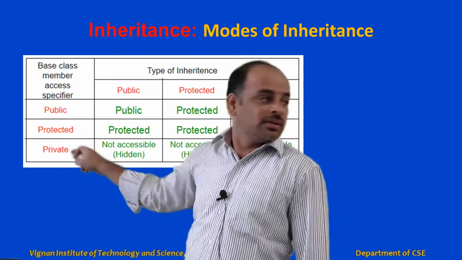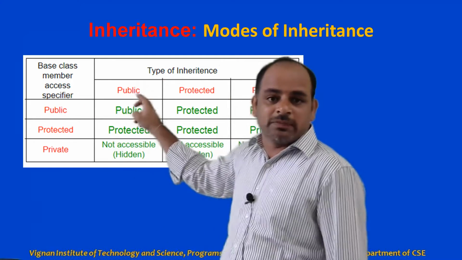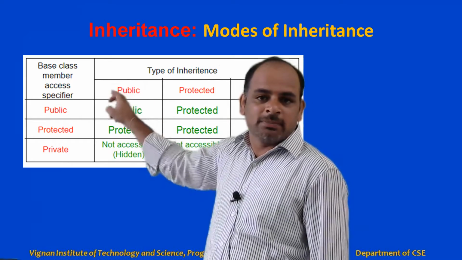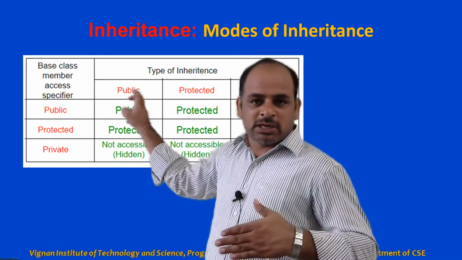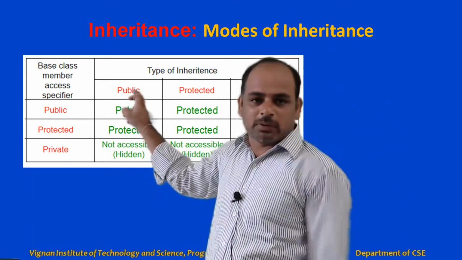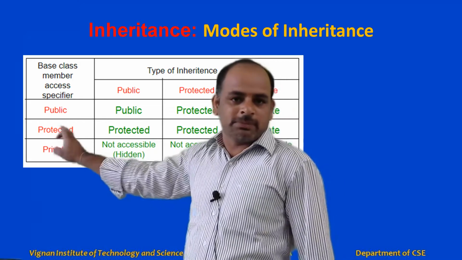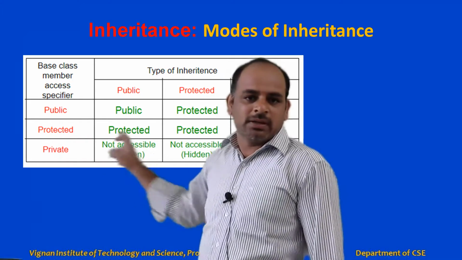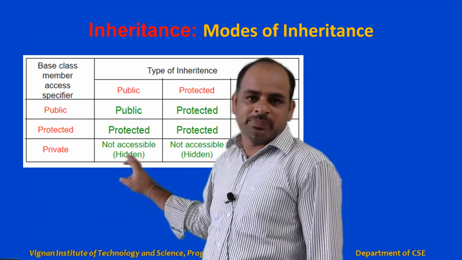So there are three kinds of members in the base class. If your inheritance mode is public, that means you are deriving the child class from the base class in public mode, the public member of the base class becomes public, the protected member of the base class becomes protected, but the private member of the base class will not be accessible here.